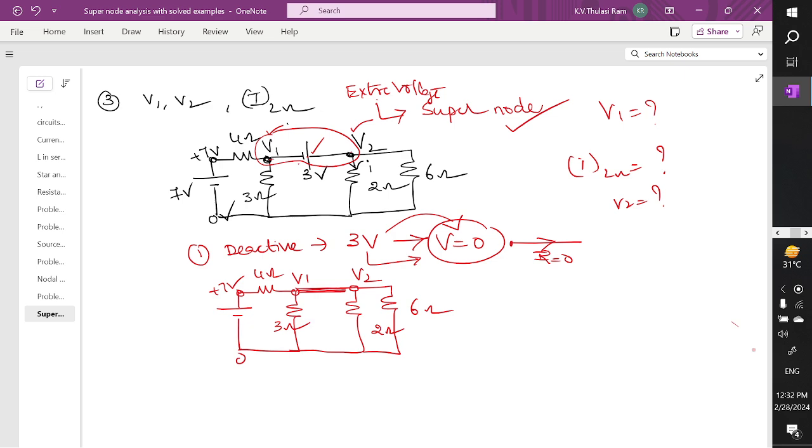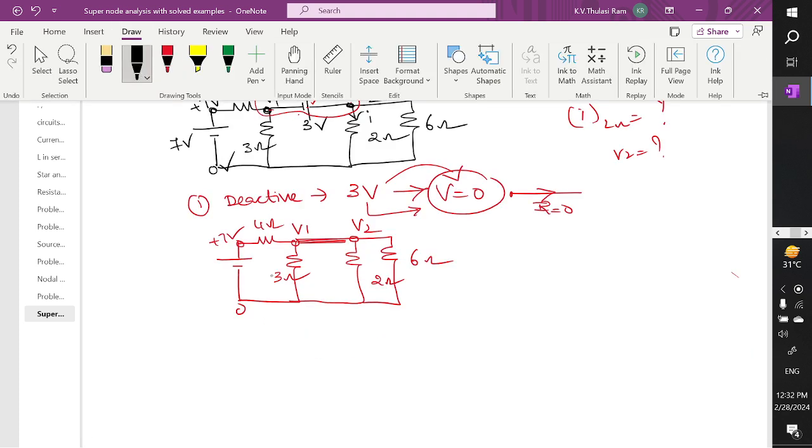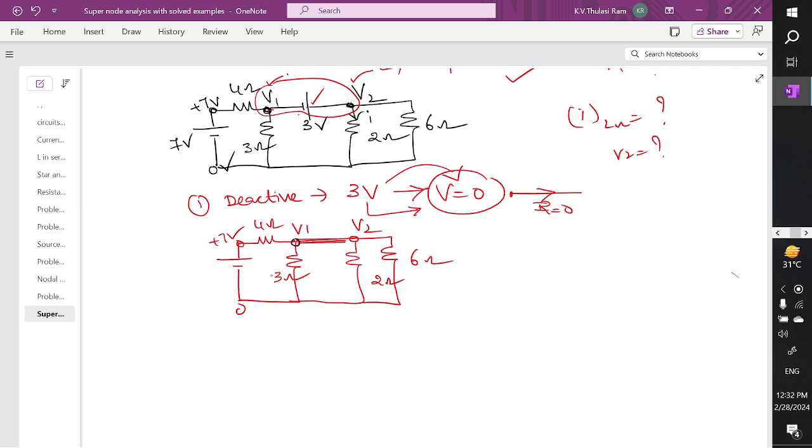Since it is already shorted, let's apply nodal analysis. When applying nodal analysis, assume this is of high potential, then current flows from high potential to low potential. Mark this current as I1, this current as I2, this current as I3, and this current as I4.